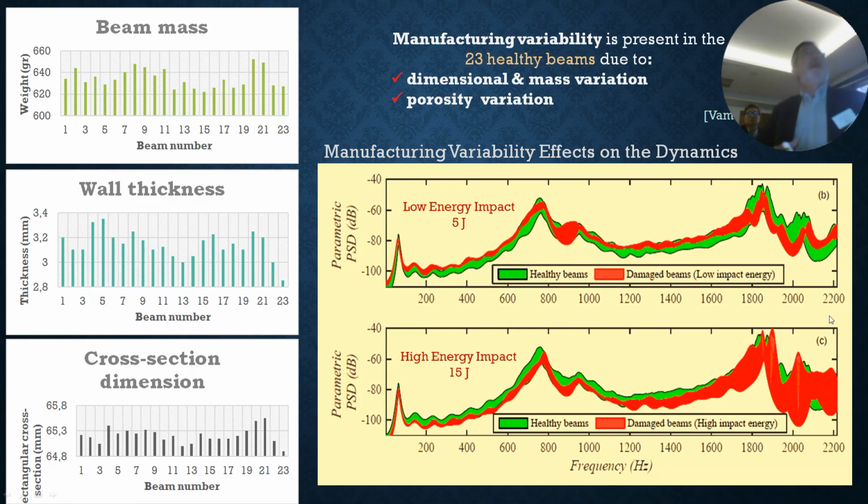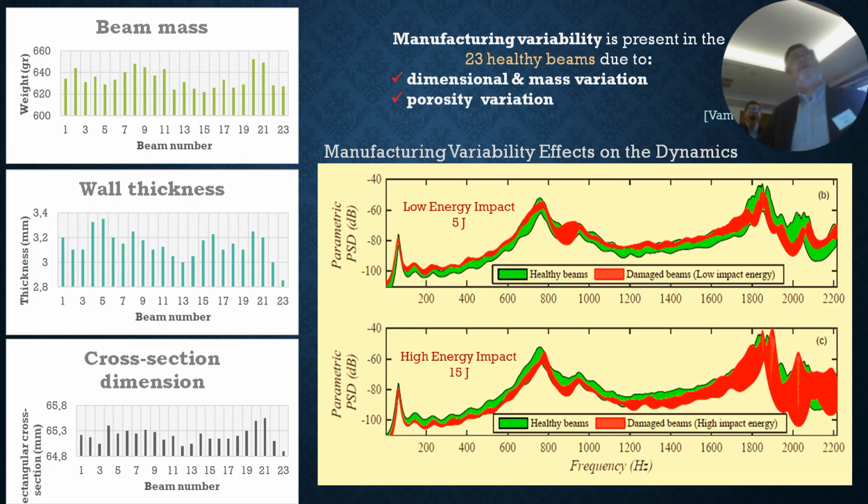Okay, here it is. So I talked before about the uncertainty. So if you look at this population of structures, you can see here 23 of them, and you have some variability in the mass. We have variability in the wall thickness, cross-section dimensionality variability, and so forth. These are coming from the manufacturer.